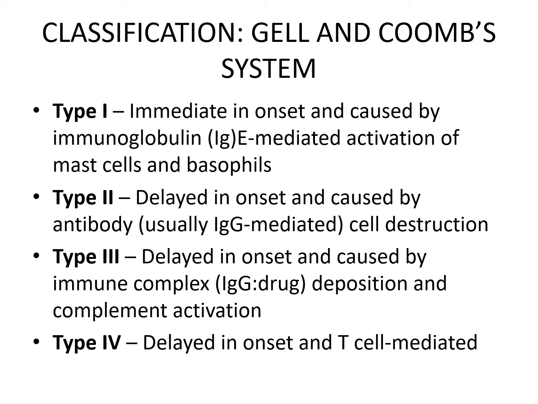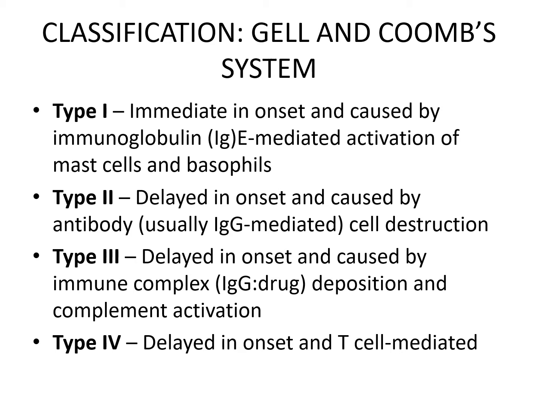There is a classification of immunologic reactions. This all of you must be knowing. It's called the Gell and Coombs system. There are mainly 4 types of reactions. Out of these, type 1 is immediate reaction, and the rest, types 2, 3 and 4, are delayed type of reactions.